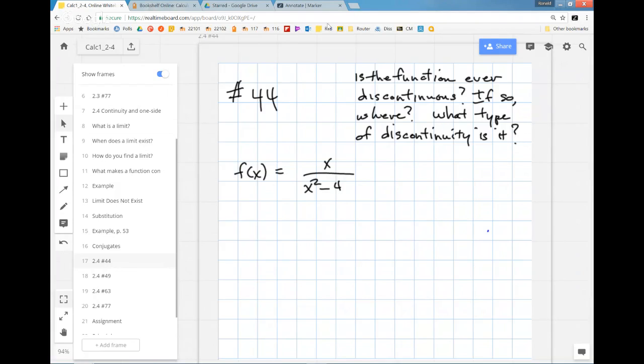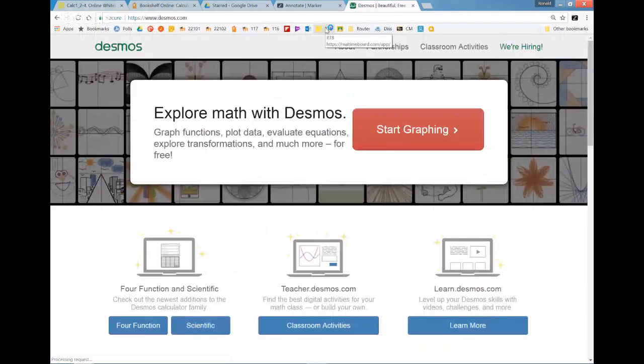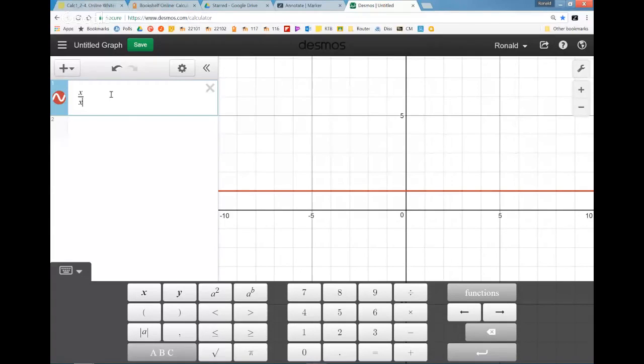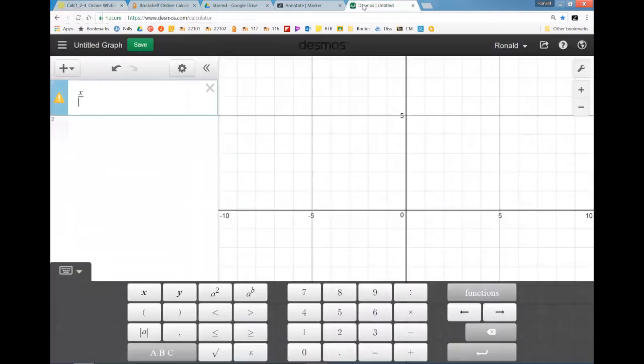Let's just quickly graph that one. 1 over x squared minus 4.